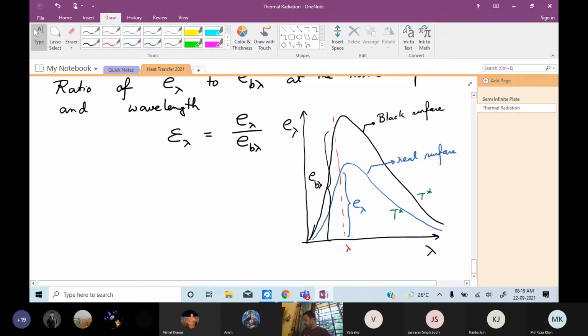We can also say right now that epsilon lambda lies between 0 and 1.